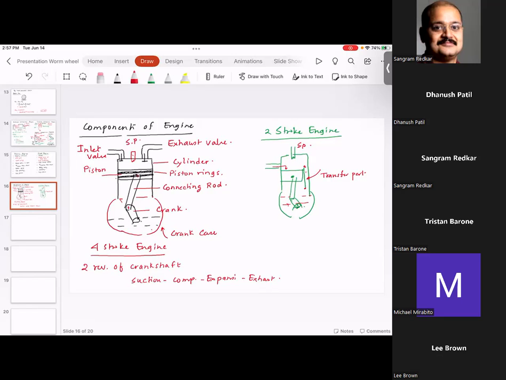So that's the two-stroke engine, but two-stroke engines are used in a lot of applications. Again, efficiency is low for a two-stroke engine, but it has fewer moving parts. And it is more polluting. So there is pollution.